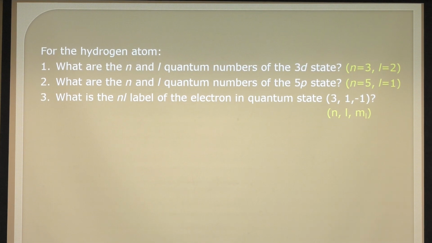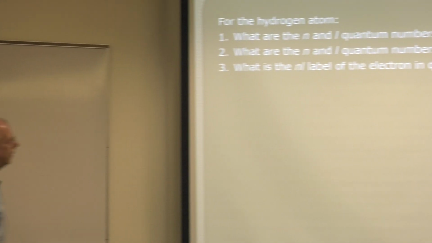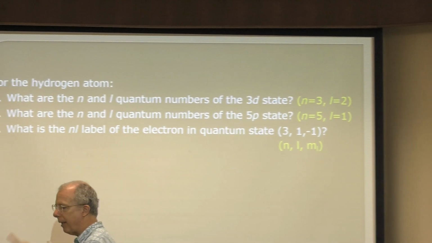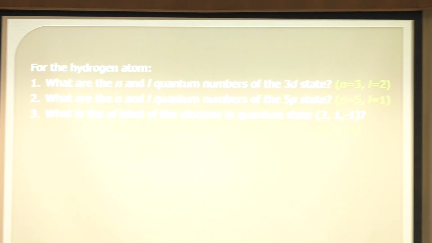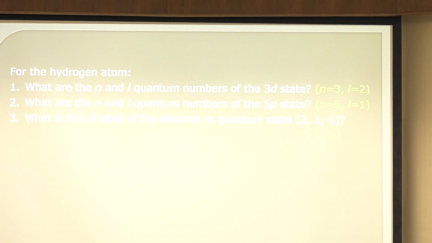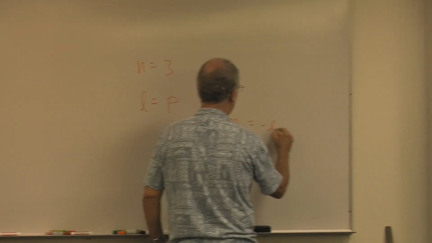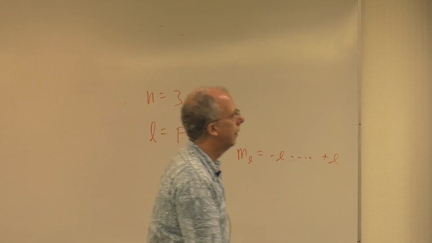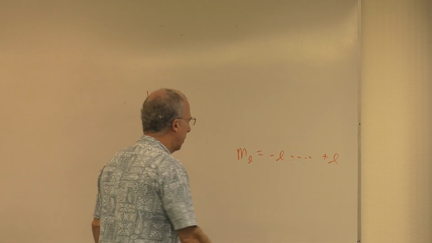So n is 3, n equals 3. And what's the label for L equals 1? It's P, right? S, P, D, F. So L is the P. And then m sub L. Now remember, m sub L goes from negative L up to positive L. So it's a 3P state.